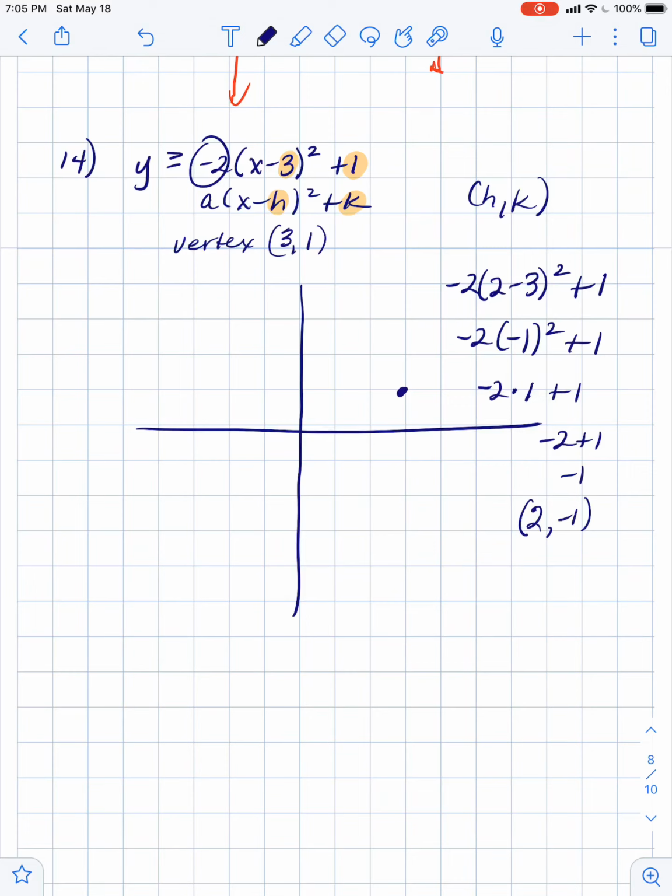So at 2, I'm at -1. Which also means symmetry-wise, I'm also over here. And then I can just sketch my graph in.